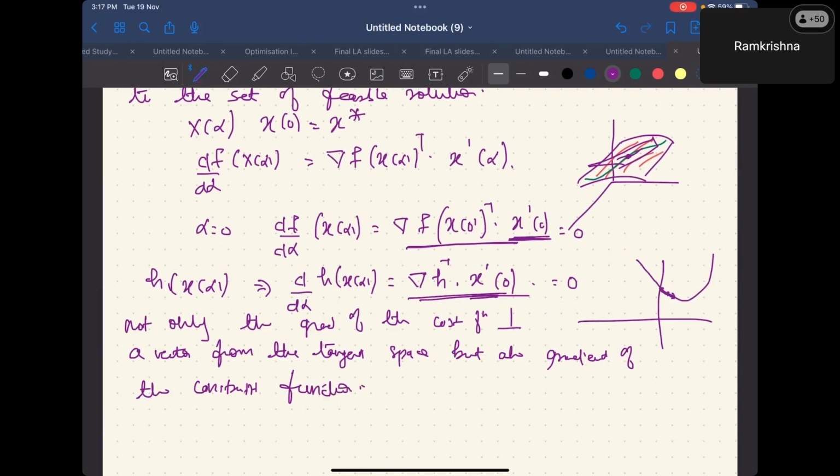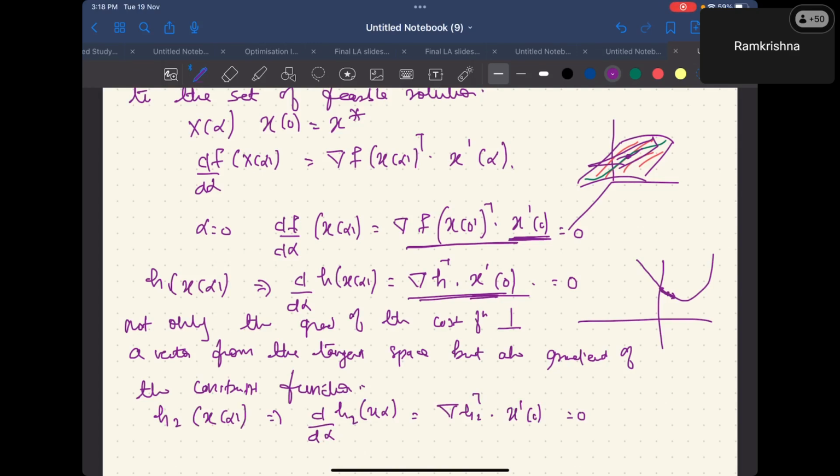Okay, so this will also now help me generalize to what if there are more than one constraint. Say there is h1 of x, there is h2 of x. I look at how h2 of x also behaves along the curve parameterized by alpha. So I have h2, this will be the gradient of h2 transpose times x dash of 0. All this will go to 0.